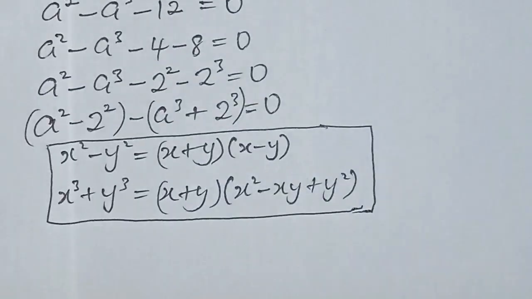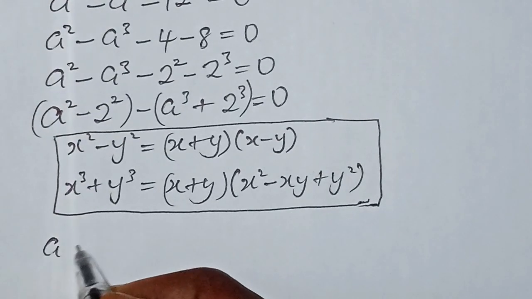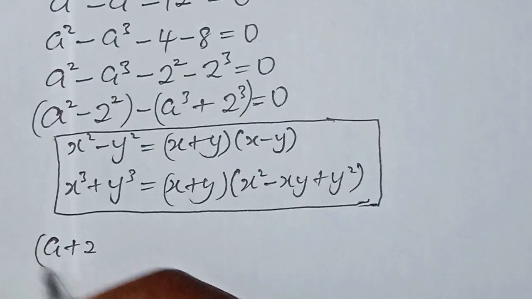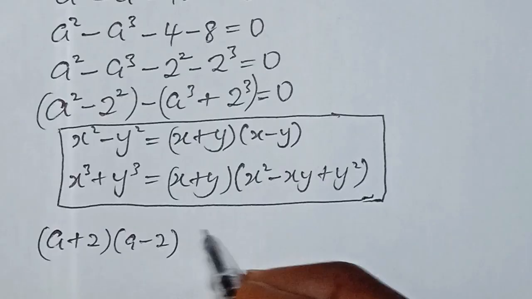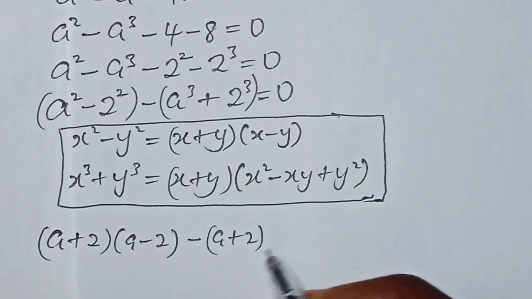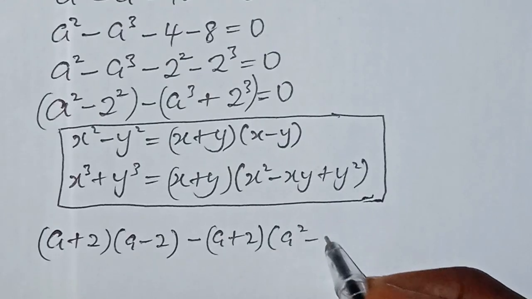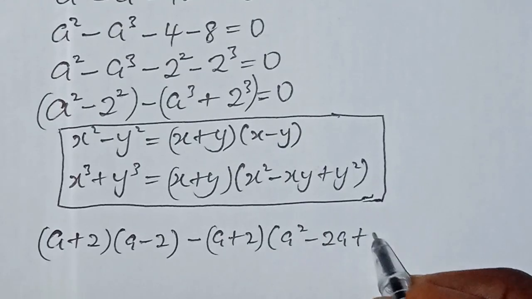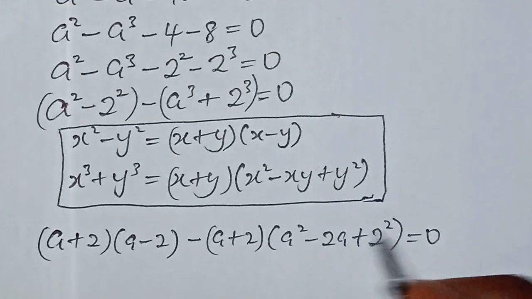Then our next step can now be written as a plus 2 into bracket a minus 2, then minus a plus 2 into bracket a raised to the power 2 minus 2a plus 2 squared, equal to 0.